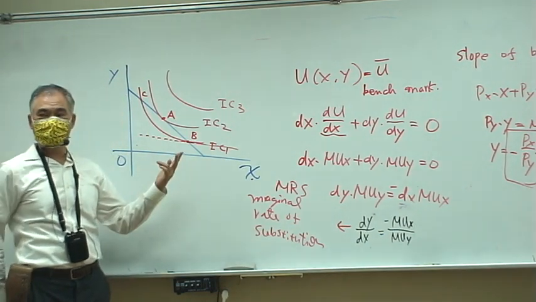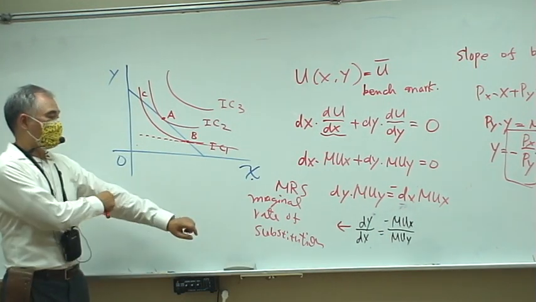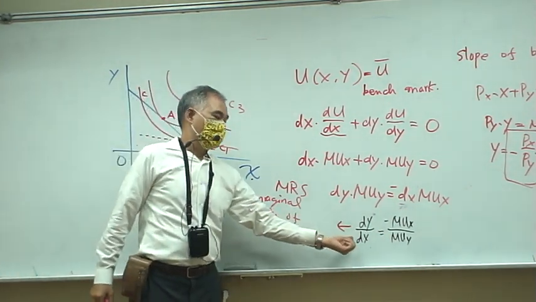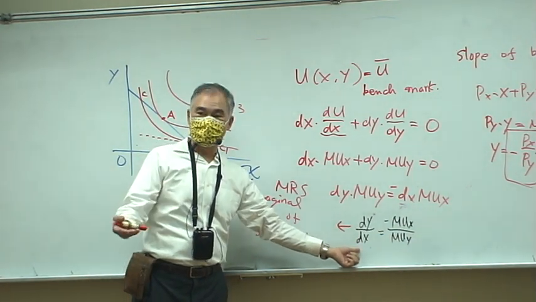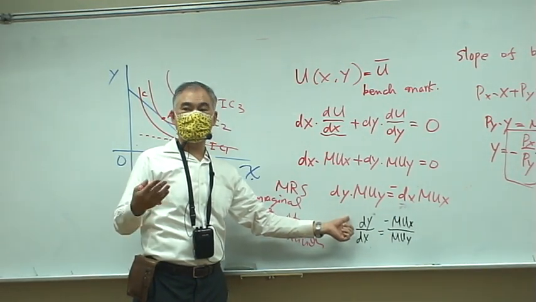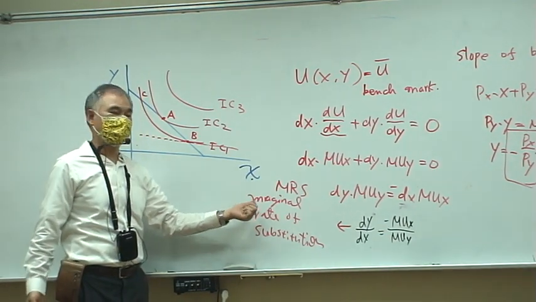Okay? When something is more expensive, you switch to something that is cheaper. And here it is called MRS. It means when you get rid of 1 unit of X, when you sacrifice it, how many units of Y you need to get to make your satisfaction the same. So this is called MRS, marginal rate of substitution.